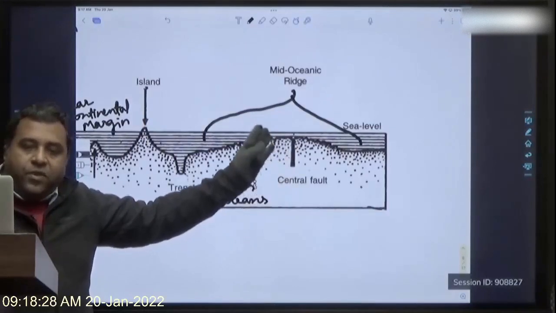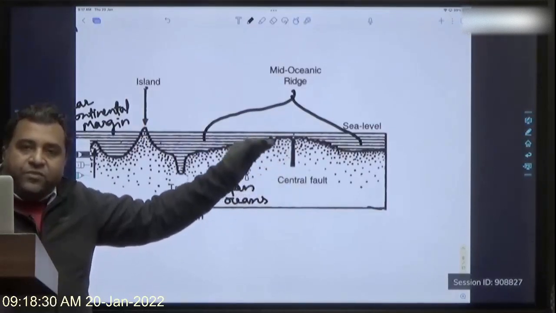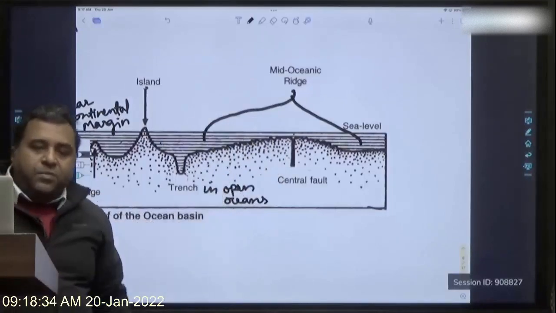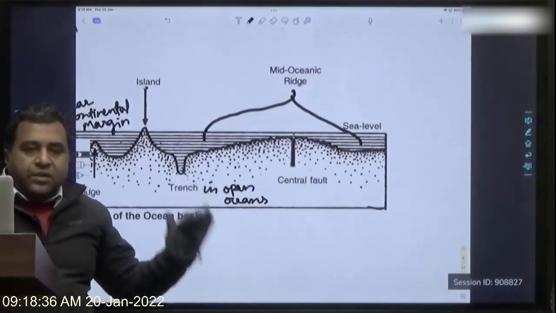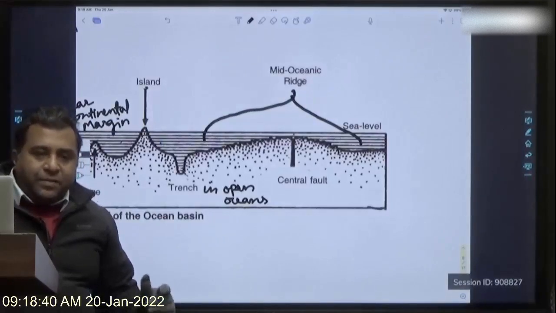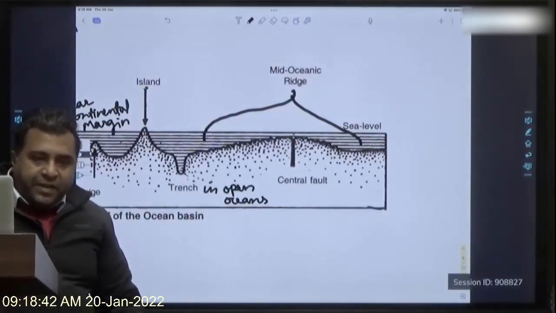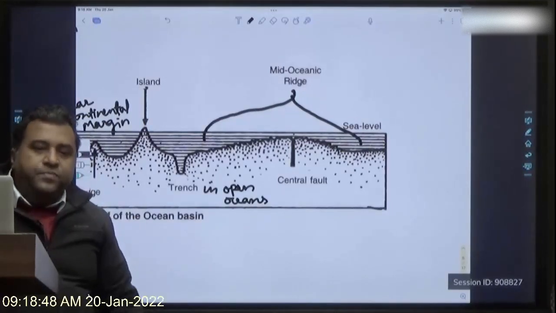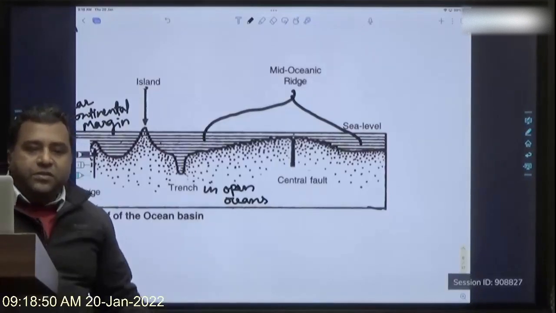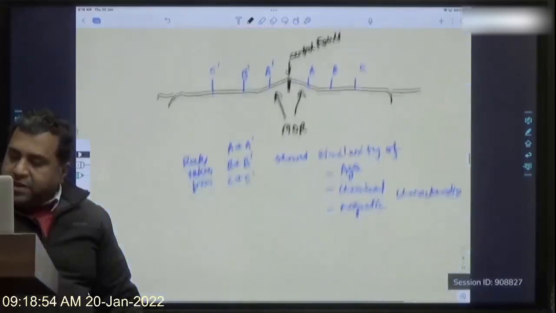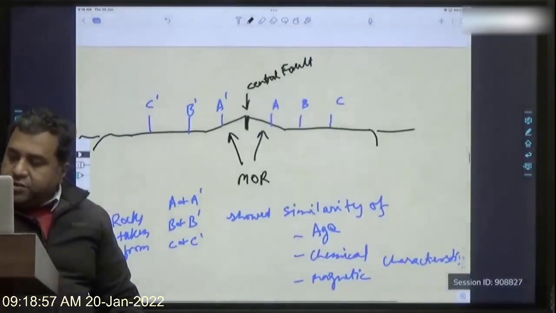And from that volcanic eruption comes. And what is the average height of this? You have already written 2.5 kilometers is the average height of these mid-oceanic ridges in the ocean. You can also rewind and watch these parts. Then, sir, what is the age of the oldest rocks we have found? Okay, we are coming. Don't worry. So, mid-oceanic ridges. Then, coming back to this, the oldest rocks at the trenches.